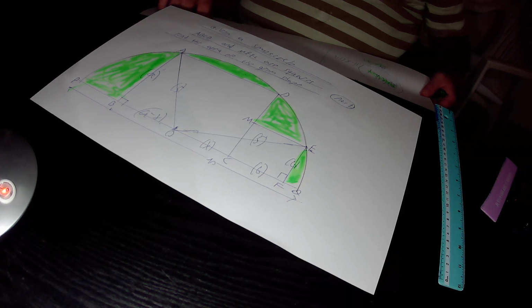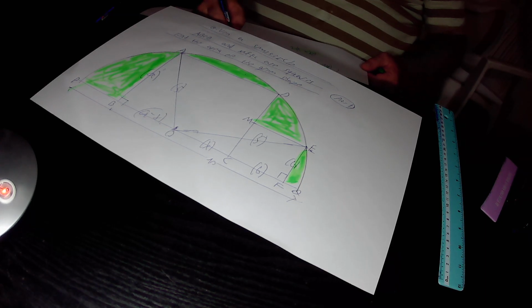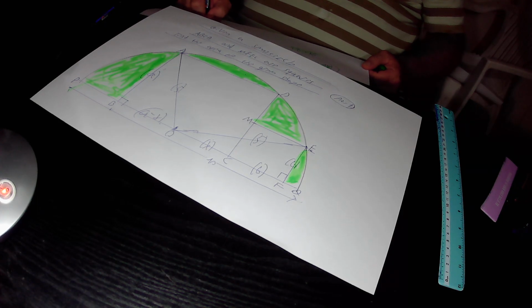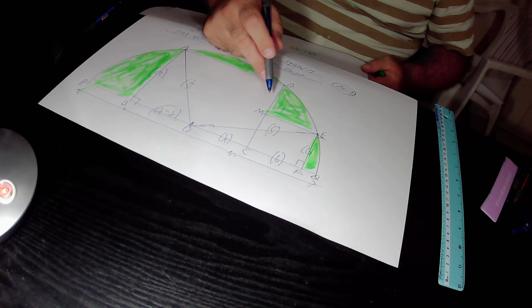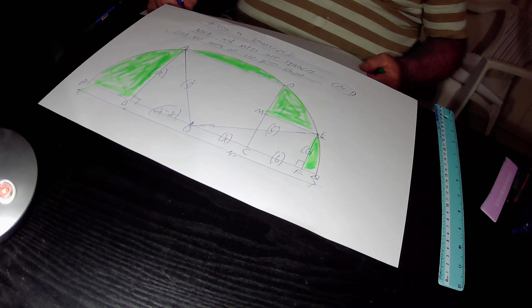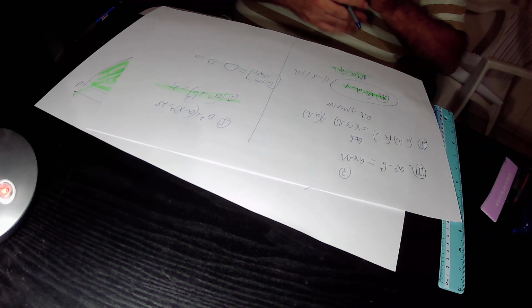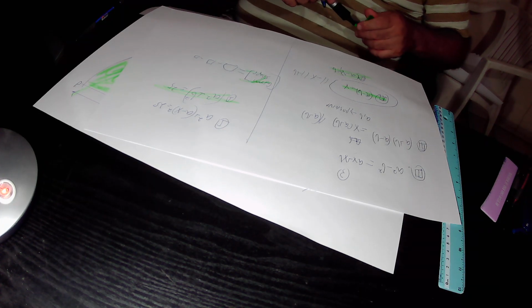The area of the green shape equals the area of the semicircle minus the area of the big square ABCD minus the area of the small square MECF.